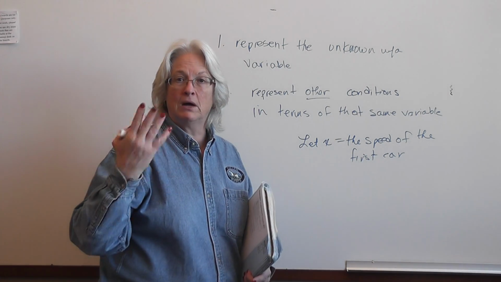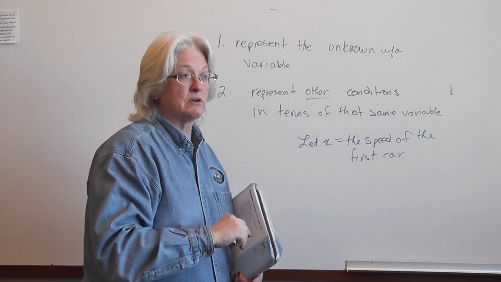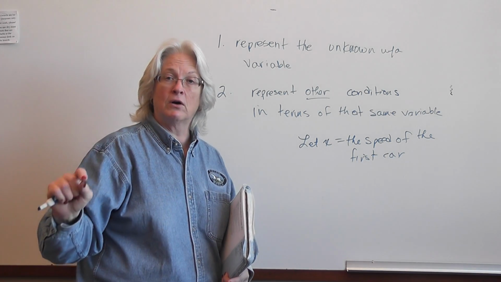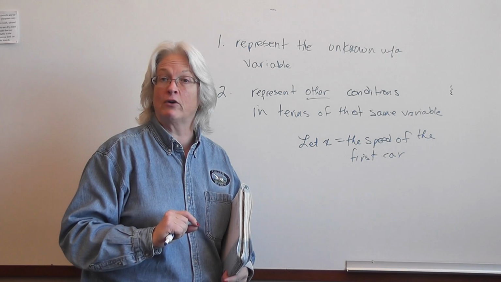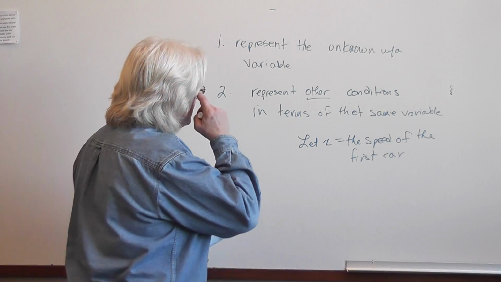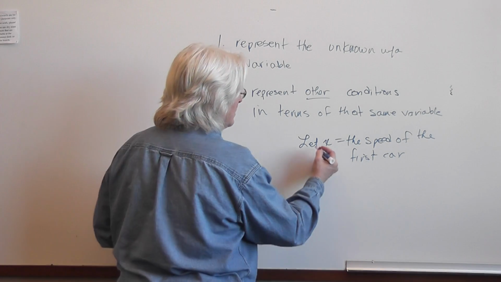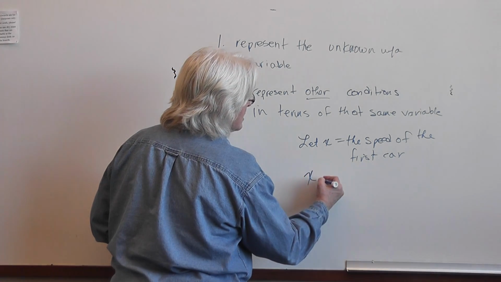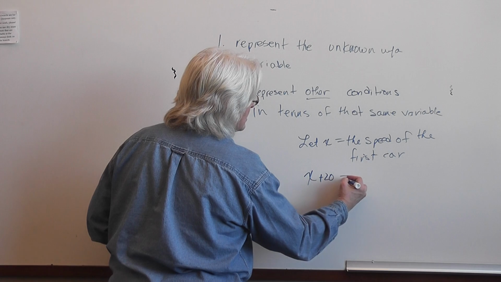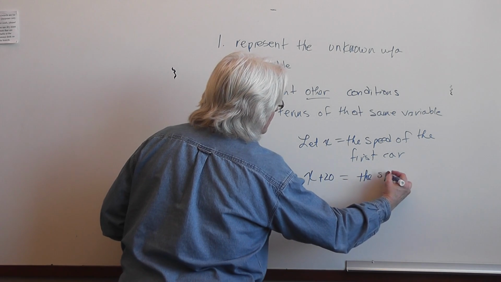So back to my off the top of my head illustration, the second car is traveling 20 miles an hour faster than the first car. So what would 20 miles an hour faster than the first car be? Well, it would be the speed of the first car plus 20 would be the speed of the second car.